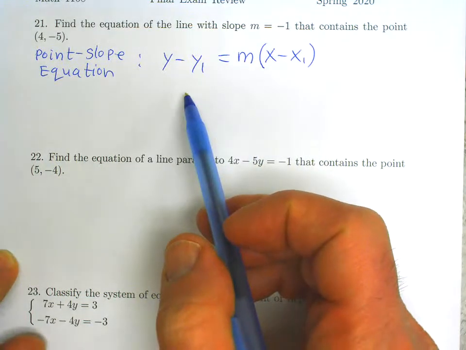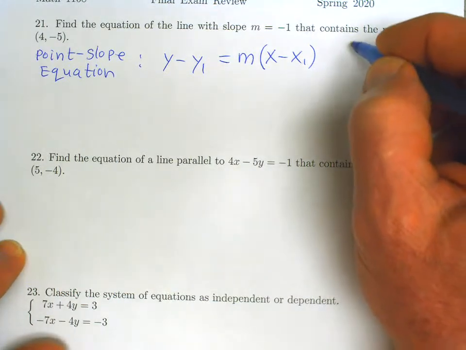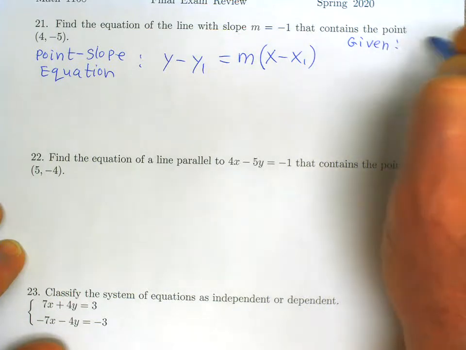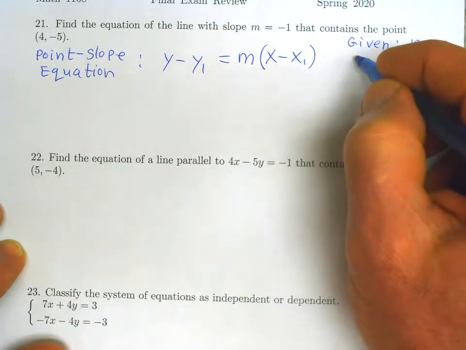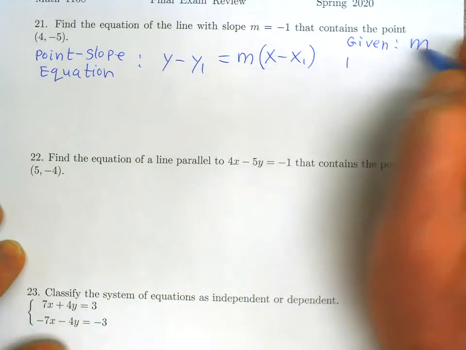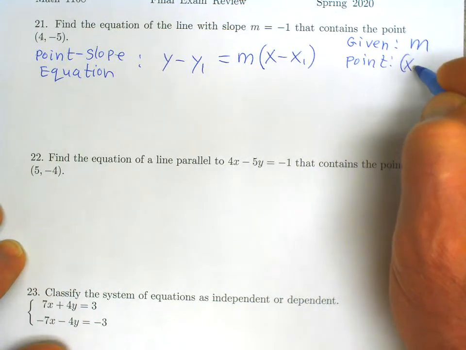So you can use the point slope equation if you're ever given the slope m, and if you're also given a point whose coordinates are x1, y1.